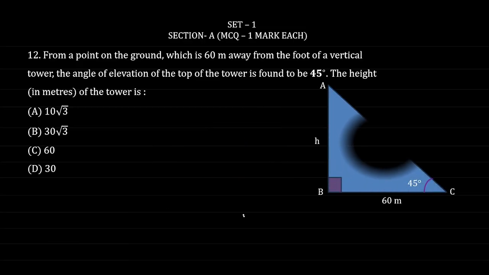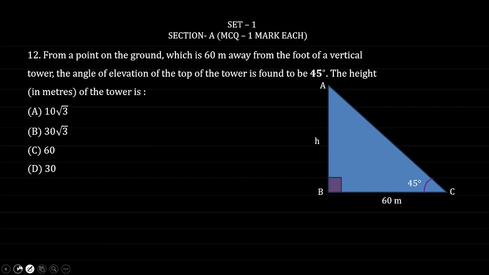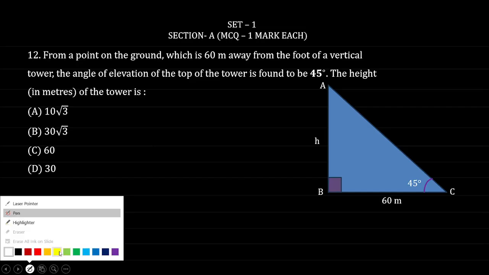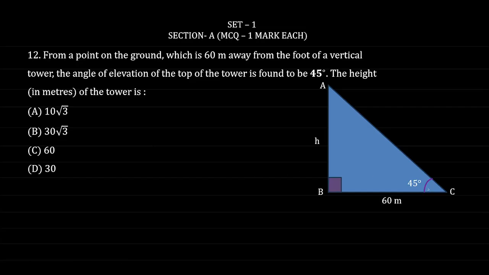Let's proceed here. Look at this triangle ABC here. Angle C is equal to 45 degrees, which is the angle of elevation, right? BC distance is 60 meters. We have to find the height of the tower, which is H. So in triangle ABC, tan 45 degrees is equal to perpendicular divided by base.